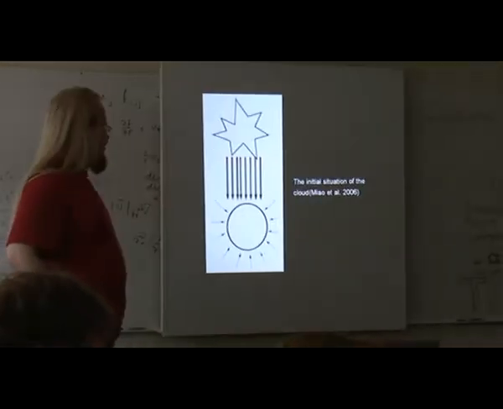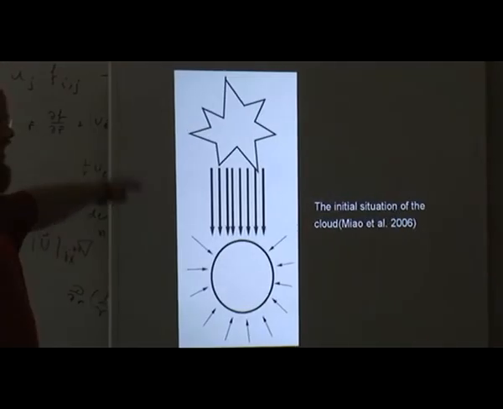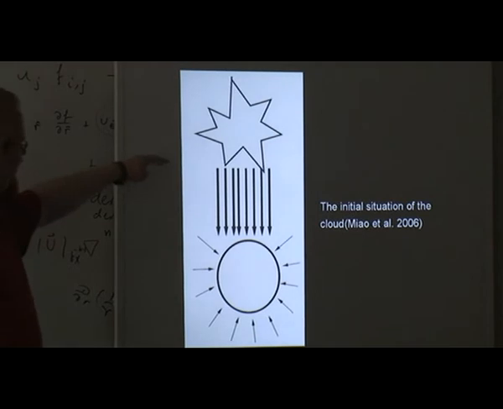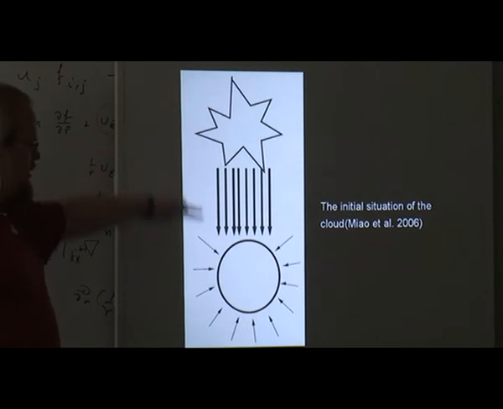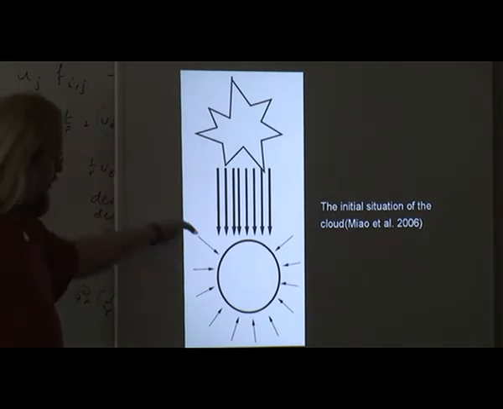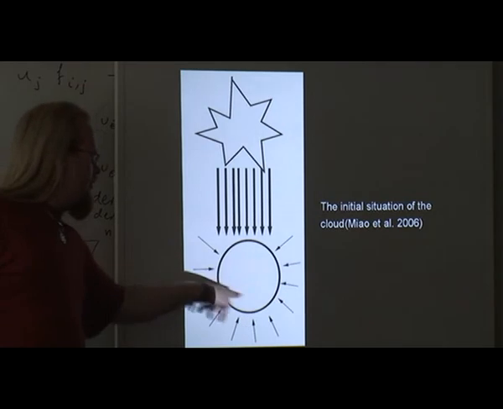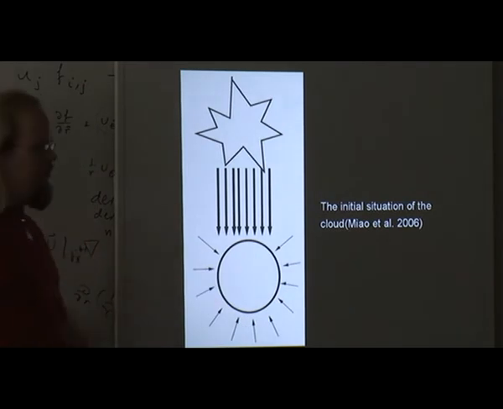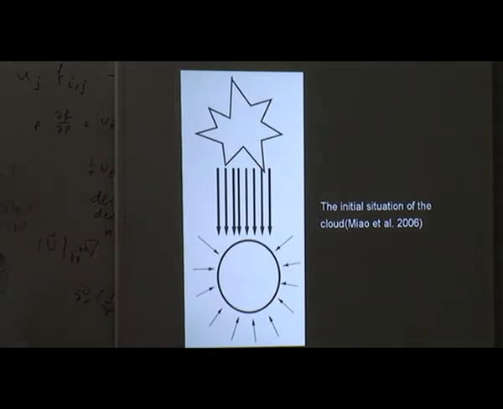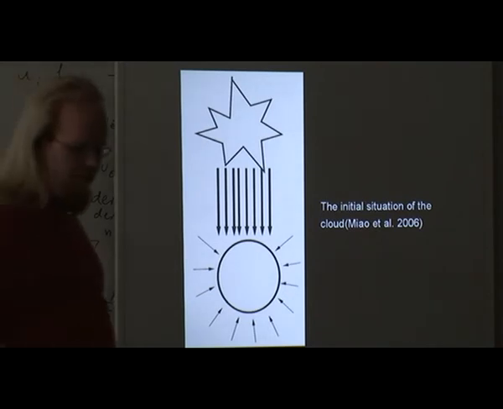I maybe should have shown this first, but this is how they think. Somewhere out there are the stars. There is plane-like radiation. There's the initial cloud, and then there is some kind of other heating caused by some ultraviolet radiation, but that's the situation there.